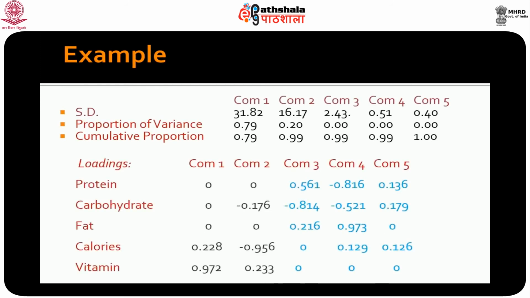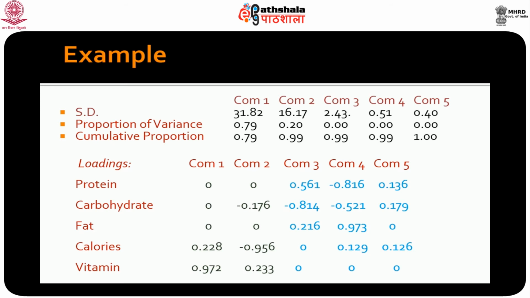Now, let us look at an example. In this example, we have 5 types of food ingredients. These food ingredients are actually included in a number of these 12 cereals, and you can look at these cereals composed of the different proteins, carbohydrates, fats, calories, and vitamins, and you will see that the combinations are quite different.